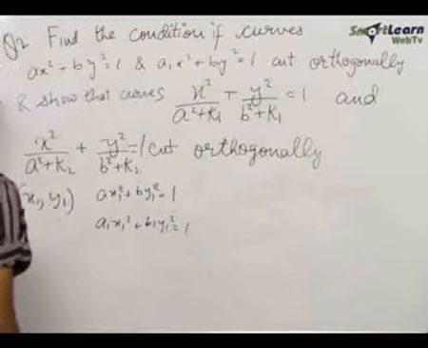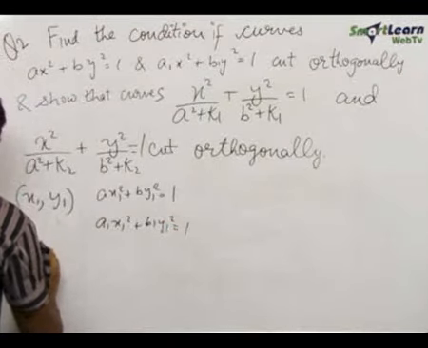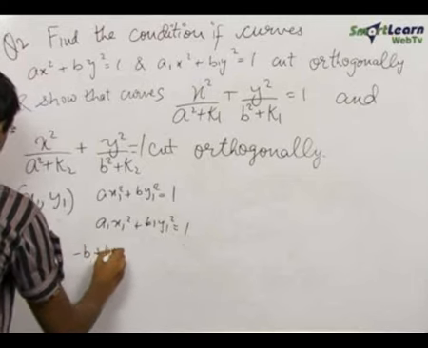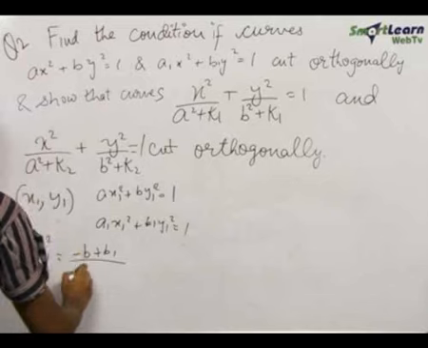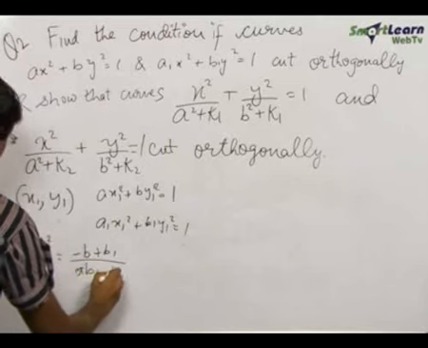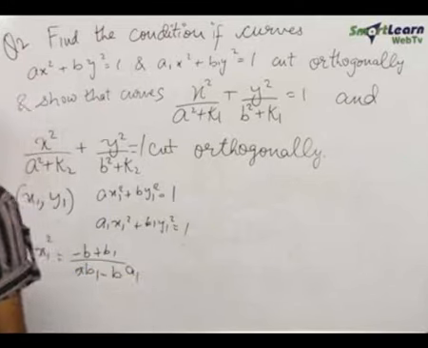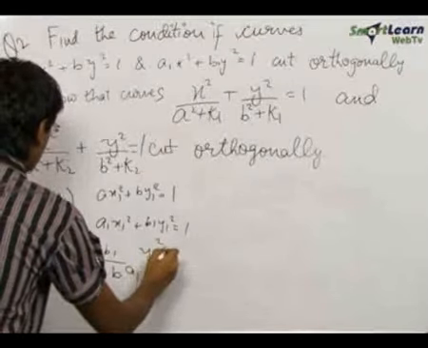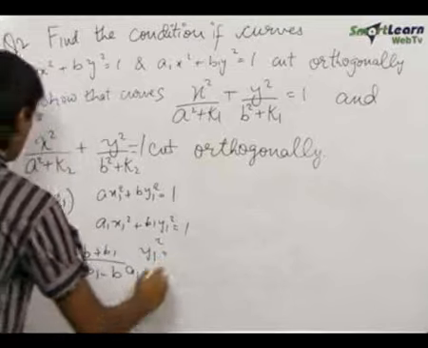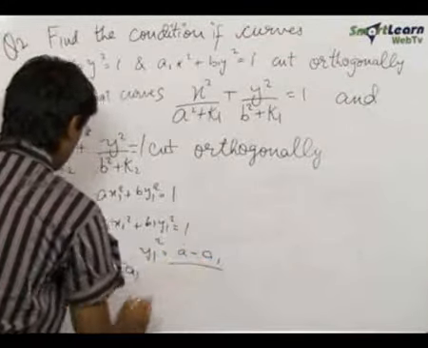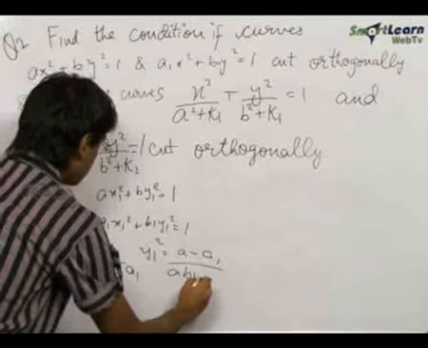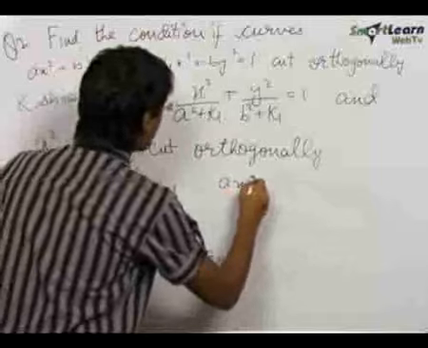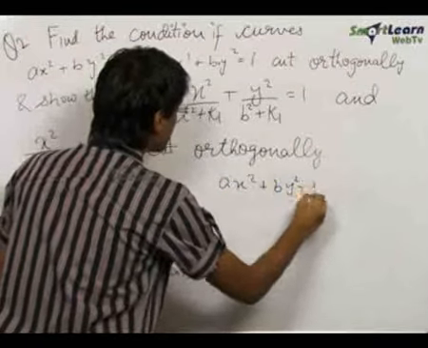So solving for x1 and y1 from these two equations, we get x1² is equal to (b1 - b) upon (ab1 - ba1), and putting the value of x1² over here, we get the value of y1² to be equal to (a - a1) upon (ab1 - ba1).